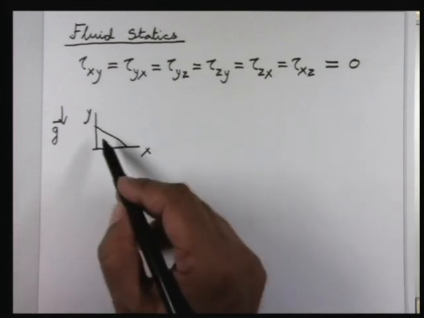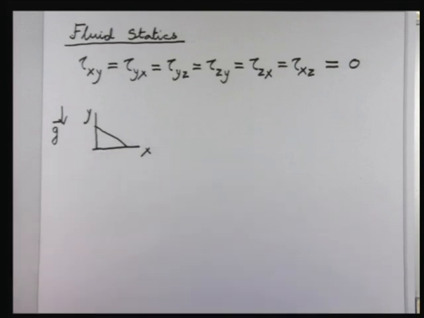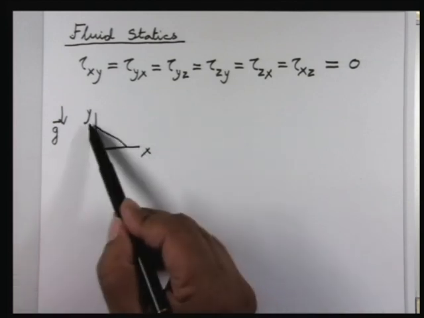Now we'll consider the equilibrium of this fluid element, which is at rest. Since this element is at rest, the sum of the forces acting on the element will be 0. Now Professor Chakravarti mentioned that there are two types of forces acting on a fluid element. One is the body force. Here it is simply the weight of the fluid which is inside this triangle.